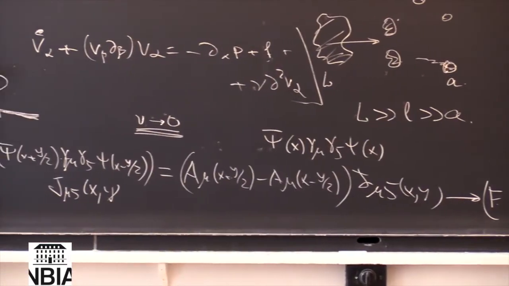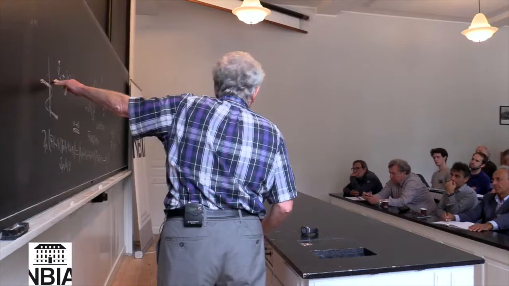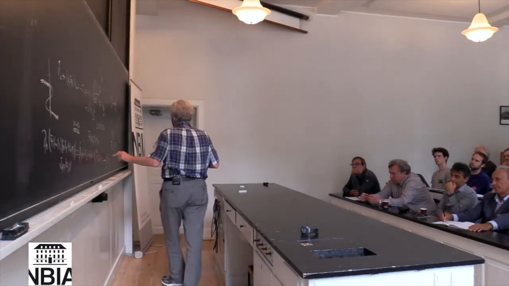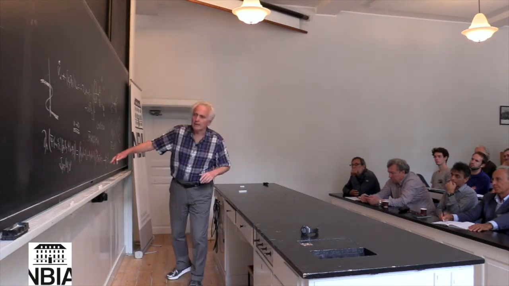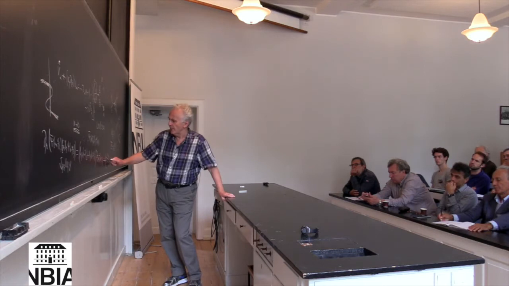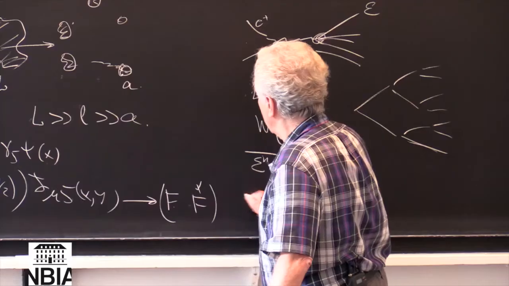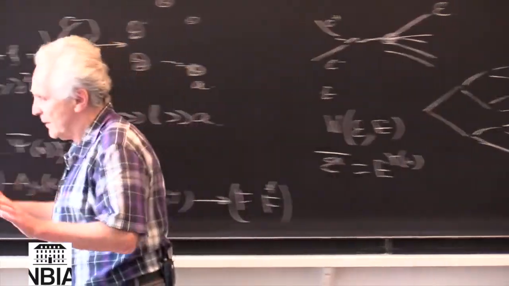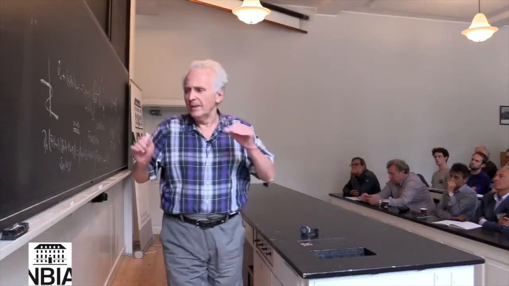Now let's do the same thing for turbulence and see what happens. One thing which I will need in a minute is that this coefficient here is, well, I withdraw this phrase.